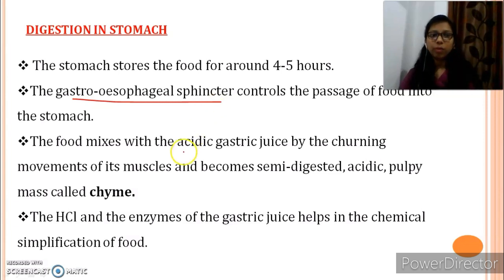In the stomach, food mixes with the acidic gastric juice by the movement of the stomach muscles, and it becomes semi-digested and acidic because of the HCl present in the stomach. It makes a pulpy mass known as chyme. The HCl and the enzymes of the gastric juice all help in the chemical simplification and breakdown of food.